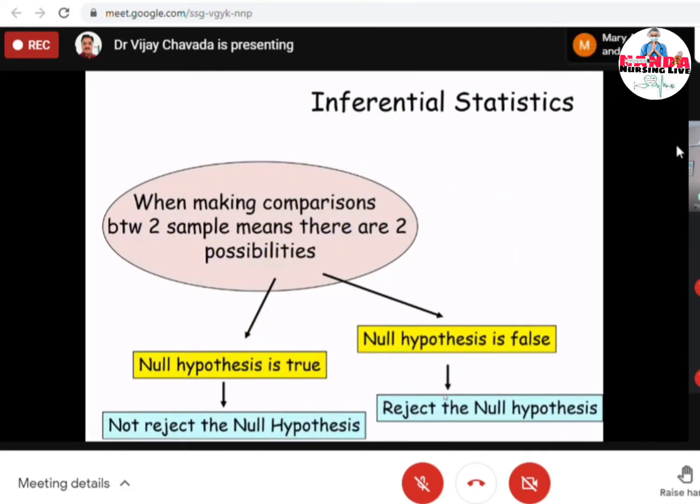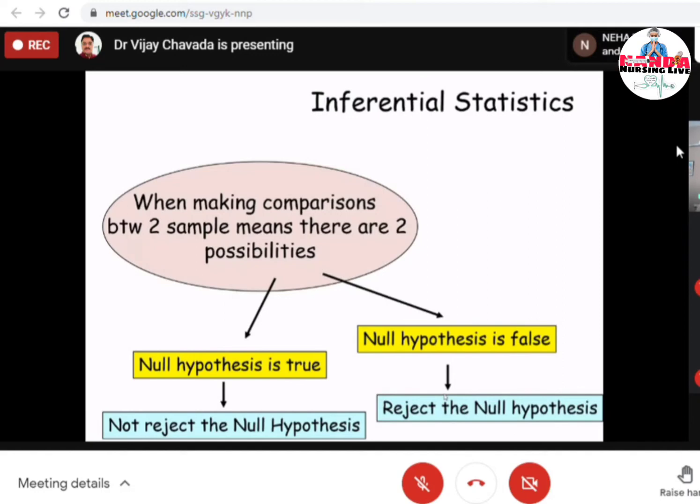When making comparisons between two sample means, there are two possibilities. One possibility is that the null hypothesis is true, meaning there is no difference, both the groups are the same. The second is that the null hypothesis is false, meaning it is false to say that there is no difference. Ultimately we are rejecting the null hypothesis.